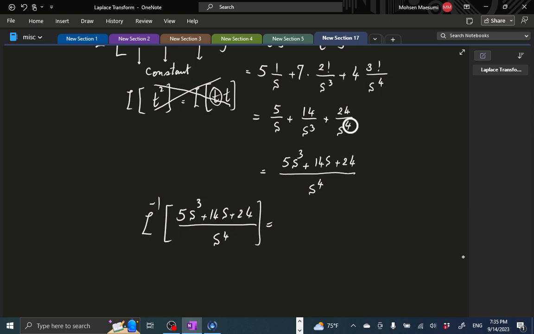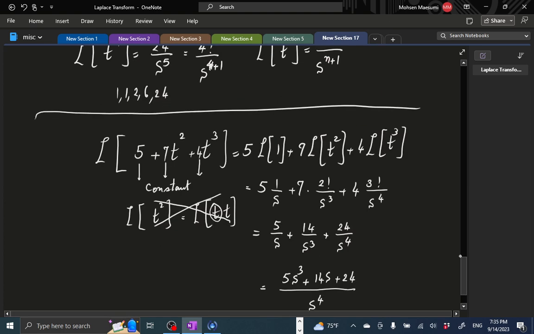For each exponent, you write the factorial of 1 less than that times a certain number. So this 24, we break it as 3 factorial times some number, which turns out to be 4, and so on for the other pieces. Then we can track this thing back to where it came from. So going from left to right is rather straightforward, going from right to left, you have to do a little bit more algebra to get there.